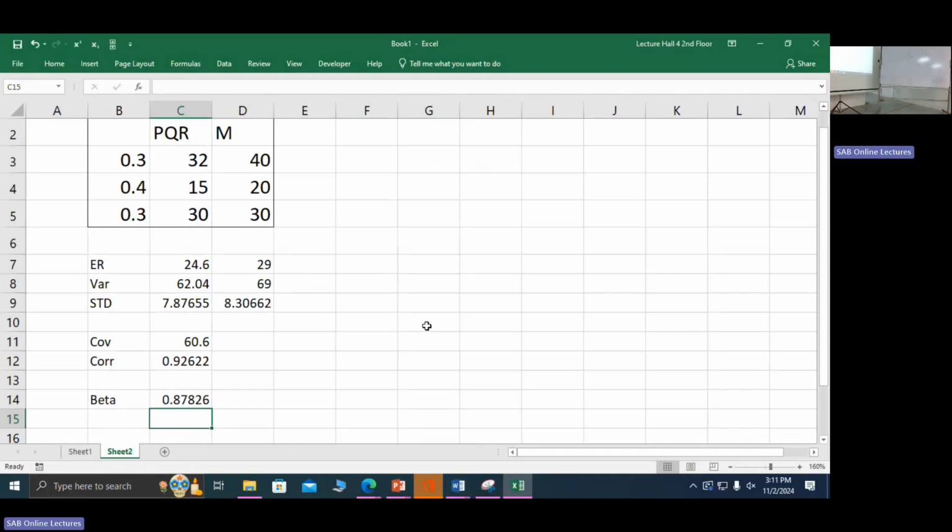Covariance between PQR and the market is equal to... If you need, I will show the formula also. I believe you have noted it now.